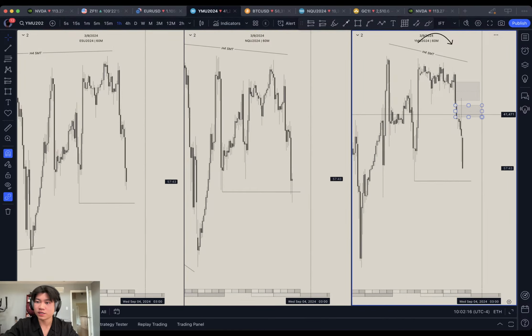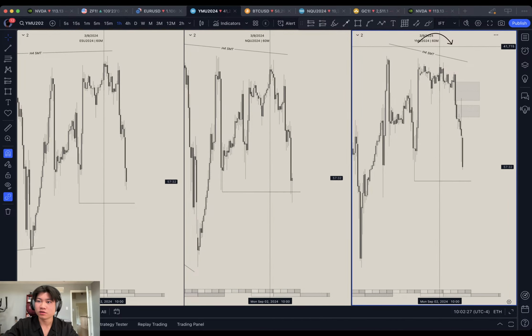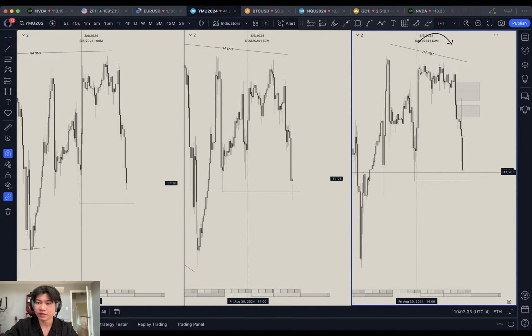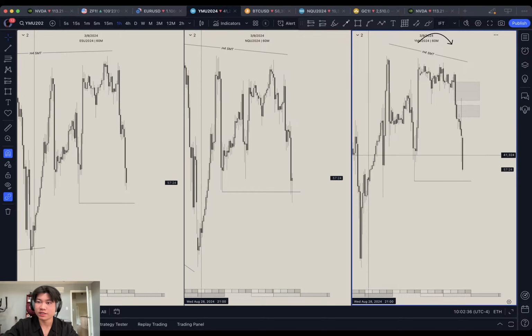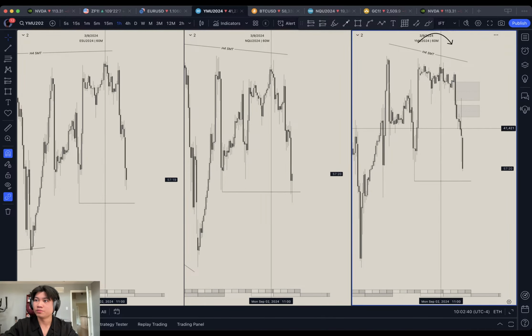That's how you tape read in the moment, or at least that's how I do it. I watch every PD array that forms in the moment and tape read every single one, but it has to be within the curve. If we're on the sell side of the curve, I need to look for bearish PD arrays within the sell side of the curve, and we need to be inverting bullish PD arrays that were prior on the buy side of the curve. So that's how I like to do it.